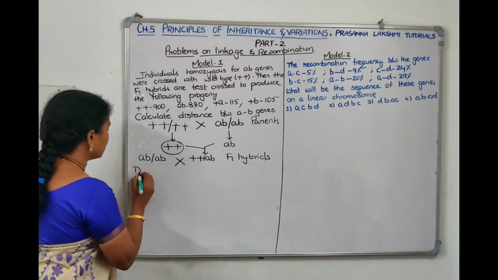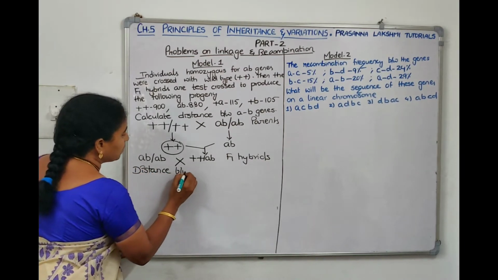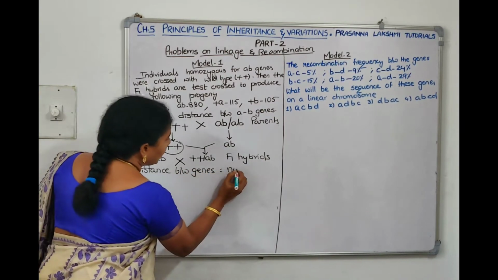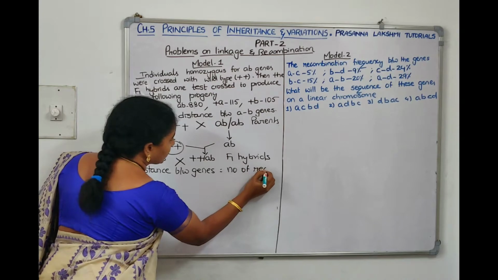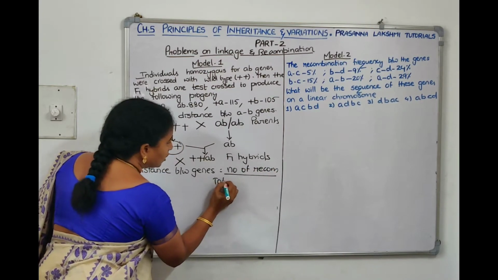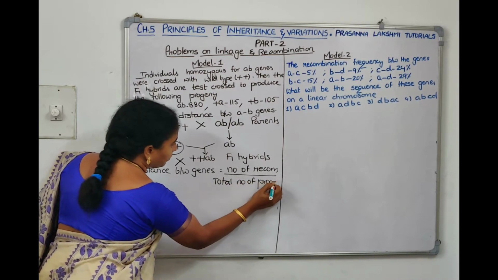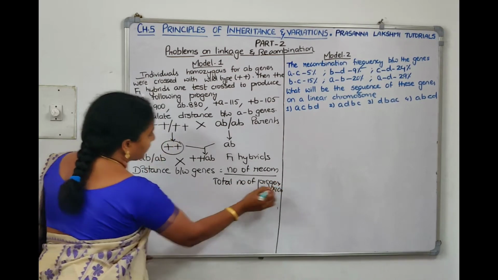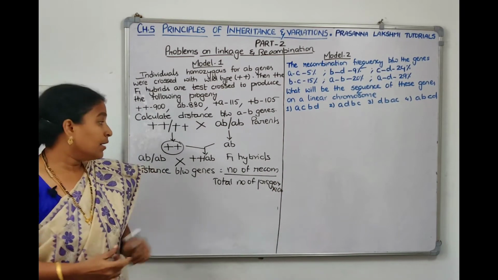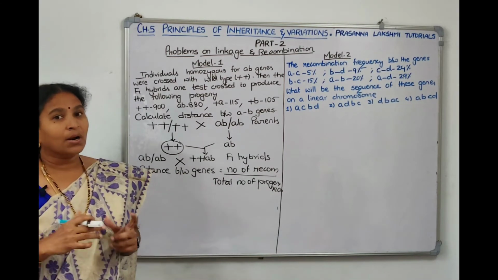Distance between the genes is equal to number of recombinants by total number of progeny into 100. Distance between two genes can be calculated by using the formula number of recombinants by total number of progeny into 100.